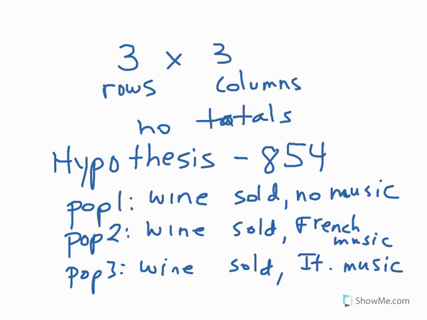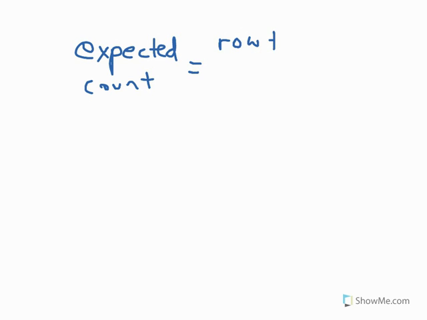So at this point, our next job is to try to say, okay, well, what would we have expected if that were true? In this particular case on page 854, we get a process that we're going to use for that. We're going to say that our expected count for any cell is going to simply be the row total times the column total divided by n.